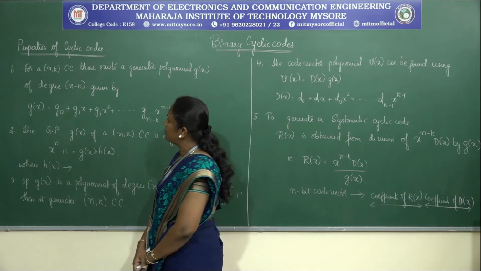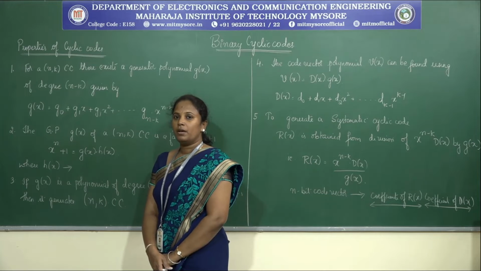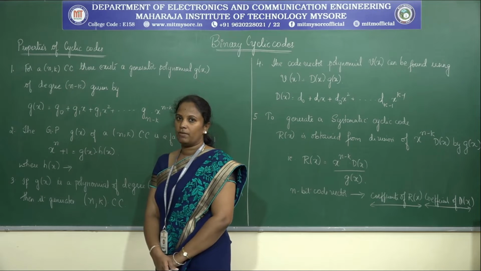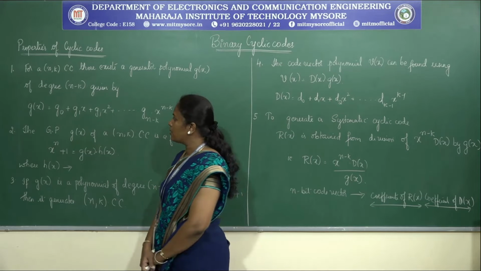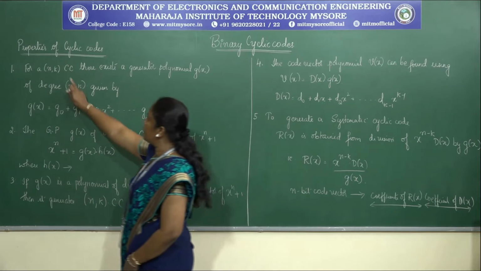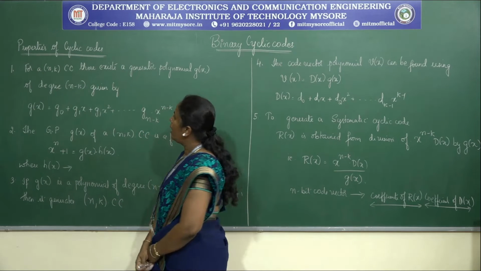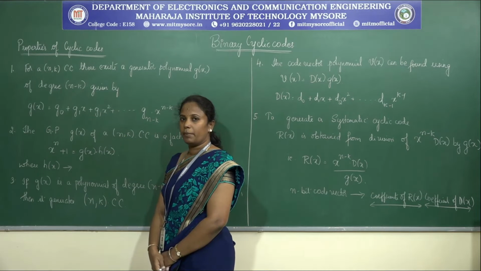What the first property says is, in order to find the code vector, the requirements we should have are a generator polynomial as well as a message vector. So now how are we going to construct this generator polynomial? For an n comma k cyclic code, we have a generator polynomial, and that generator polynomial's degree is n minus k.